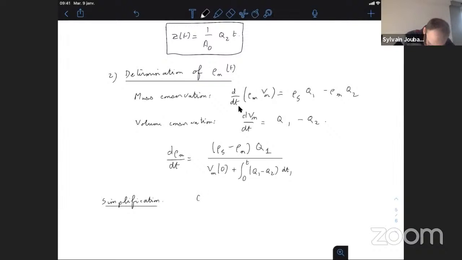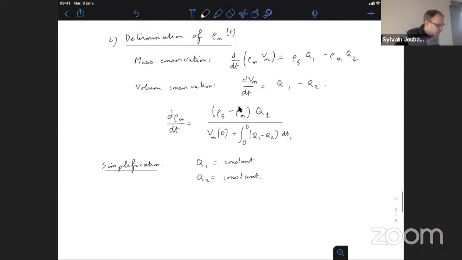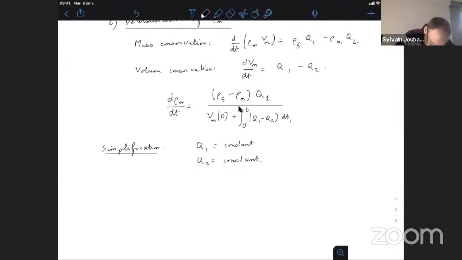Q1 is a constant, Q2 is a constant, then if you do that, you have d rho_m/dt equal to (rho_s minus rho_m) Q1 divided by V_m, with V_m equal to V_m0 plus (Q1 minus Q2) times t.